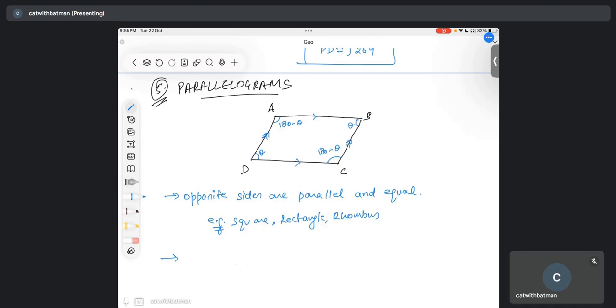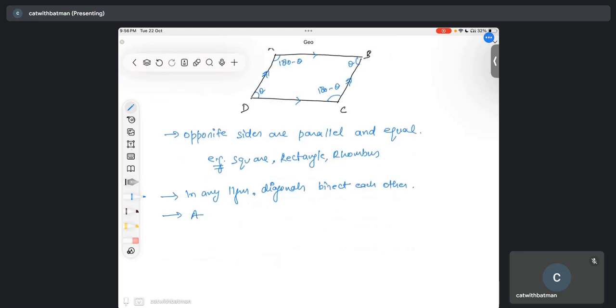Second, in any parallelogram, whether it is a square, rectangle, rhombus, or parallelogram itself, diagonals bisect each other, that is, they cut each other in half. So if I join AC and BD, AC and BD will bisect each other.